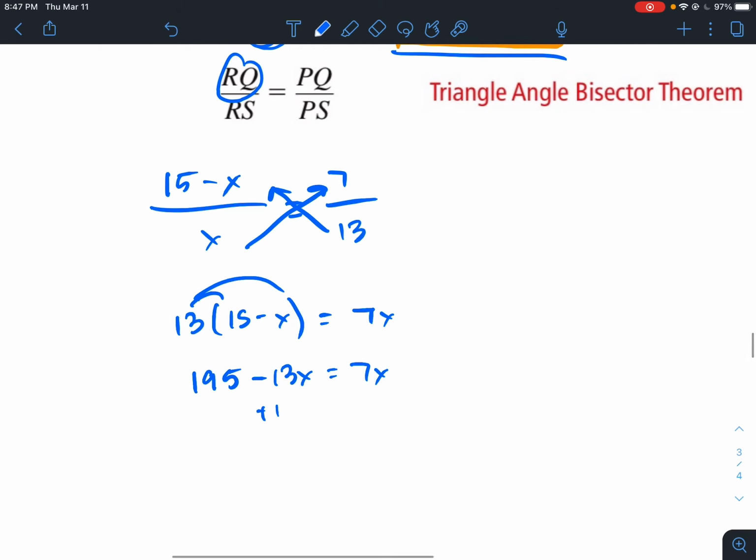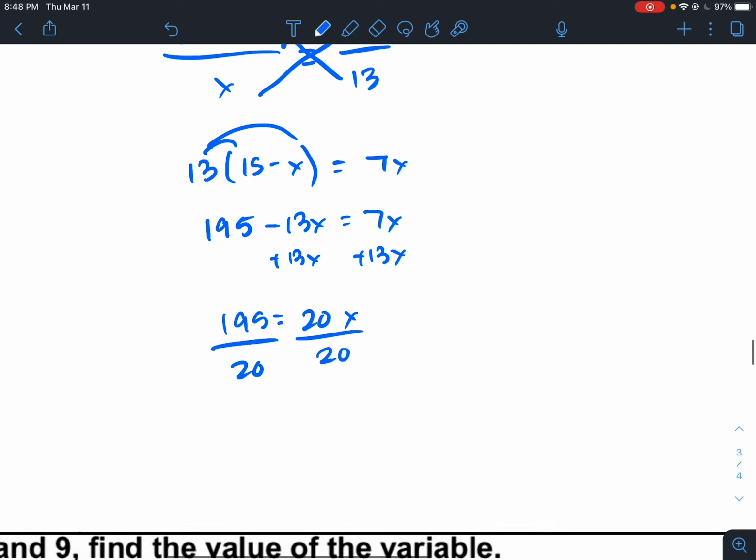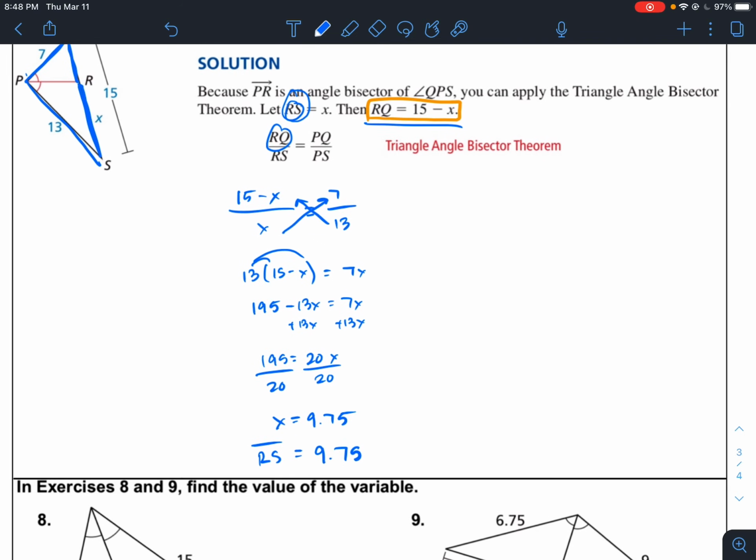I can add 13x. So 13 plus 7 is 20x, so I get 195 is equal to 20x. Divide by 20. So 195 divided by 20, x should equal 9.75. So in that case, since x is RS, we could say RS is equal to 9.75. Okay.